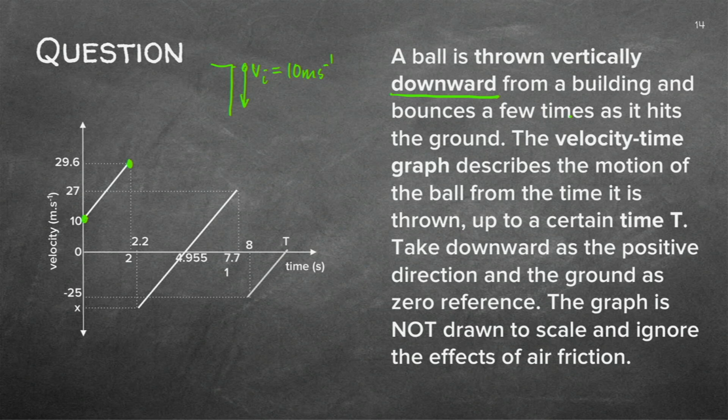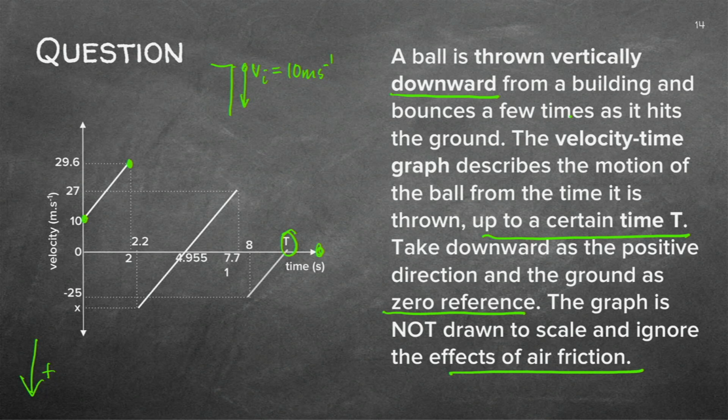The velocity time graph describes this motion, and it is thrown up to a certain time t. That's point t there. We take downwards as the positive, as we've done with all the calculations, and the ground is the 0. So this is the ground. The graph is not drawn to scale, and we are ignoring air friction.